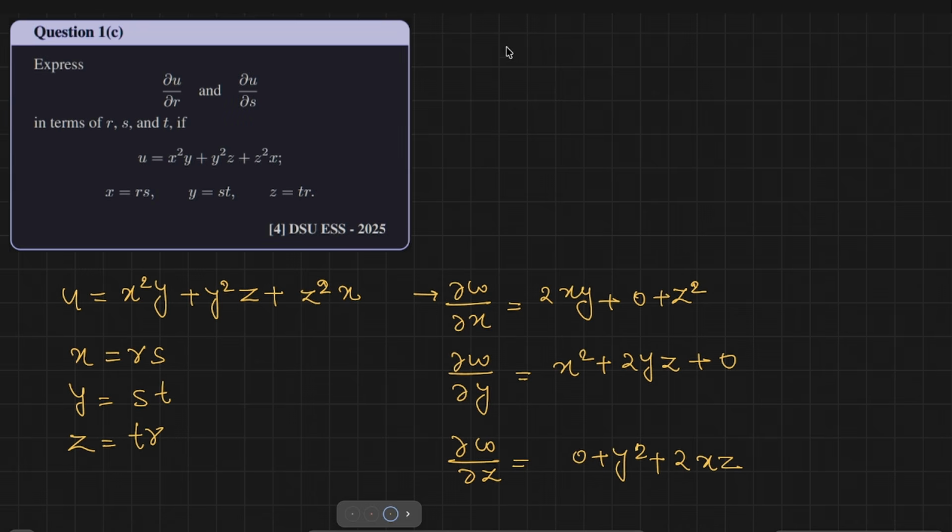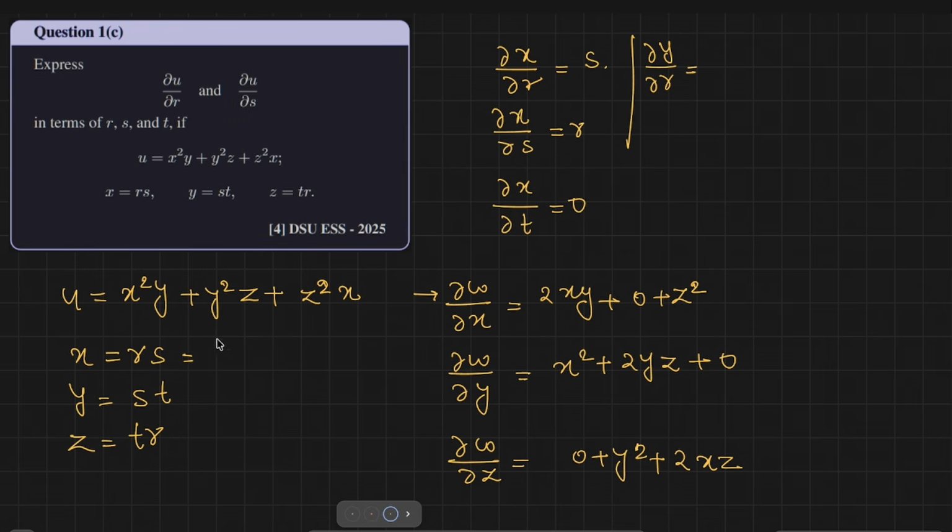Then the partial derivative of x with respect to r is s, and the partial derivative of x with respect to s is equal to r. This is basically a function of 3 variables, and here the partial derivative of x with respect to t is going to be 0, because this is a function of r, s and t, since t is introduced also.